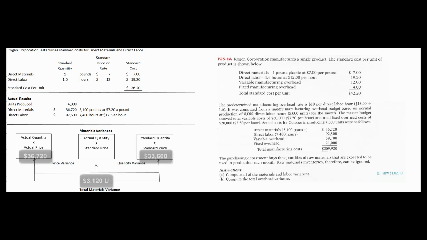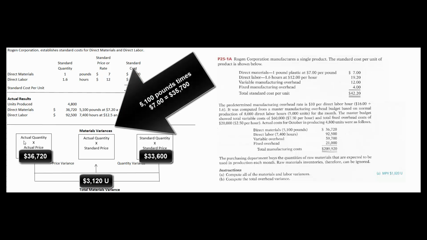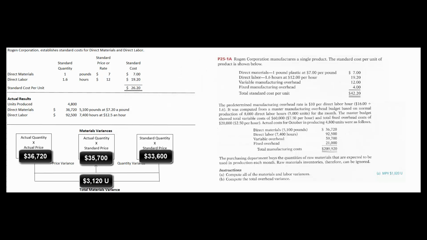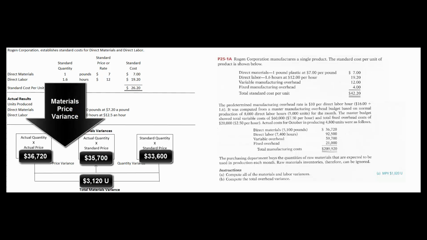Now we simply have to fill out the magic box in the middle. We take the actual quantity, which is the 5,100 that we actually used, times the standard price, which is the $7. So our middle box is $35,700. Actual quantity times actual price minus actual quantity times standard price gives us 1,020.